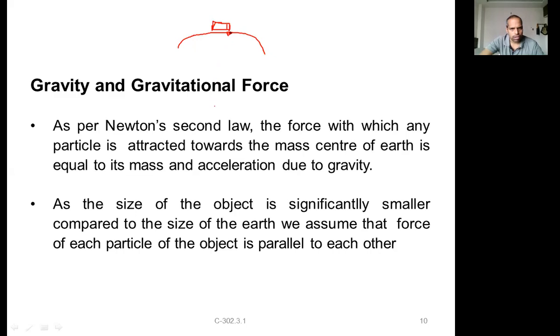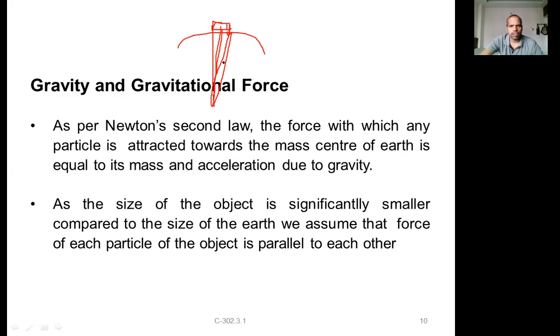The line of action of the gravitational force of this particle is like this, and this particle is like this, and the middle particle is like this. Of course I could not draw it in the correct vertical direction, so please try to understand what I am saying. All these three lines may not be parallel, because they are in the radial direction.